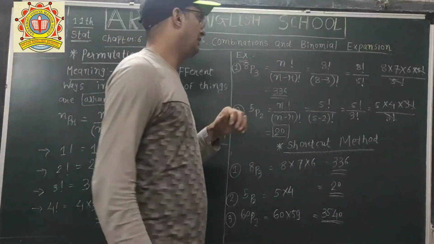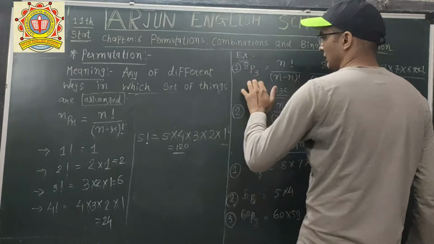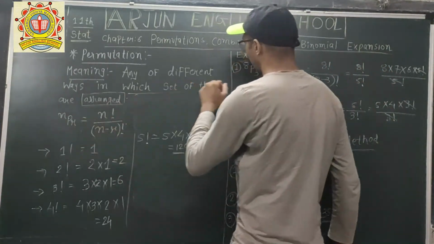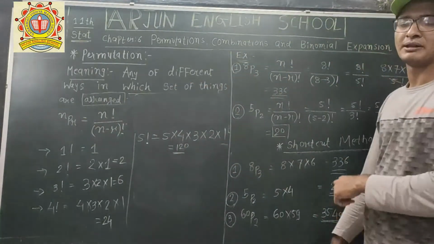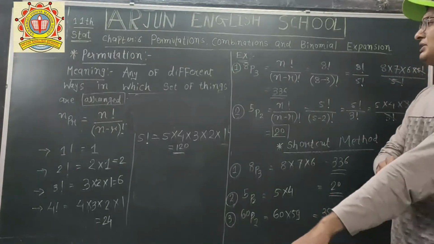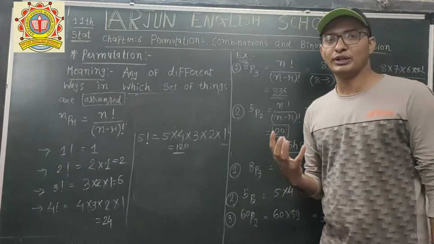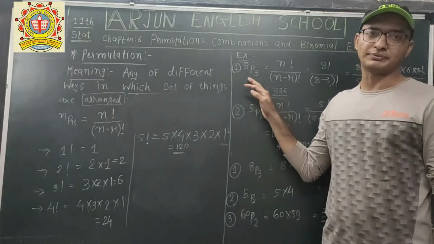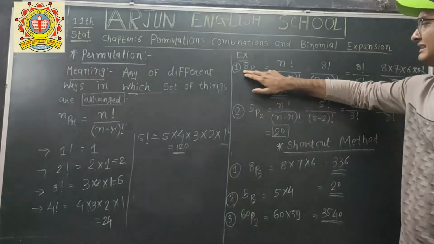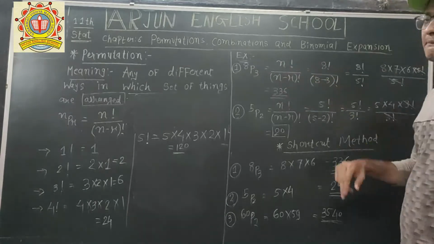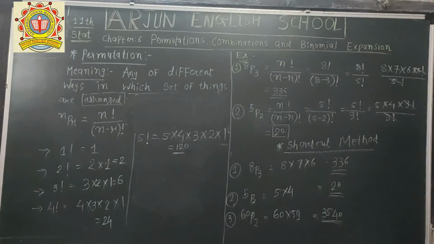Now here there is one example based on permutation. Permutation can be called P. It means in an examination, if P is provided, we have to assume that it is a permutation. Now here it is 8P3. Then what is the answer for 8P3? The formula is n factorial divided by n minus r factorial.